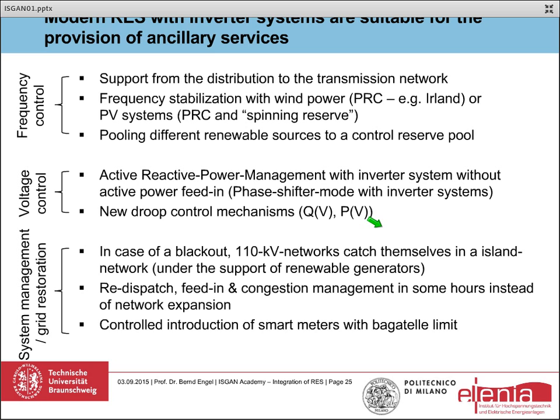Concerning voltage control, we have an active reactive power management with inverter systems without active feed-in, for example a phase shift mode with inverter systems, like the example of the generation system in this former nuclear power plant.